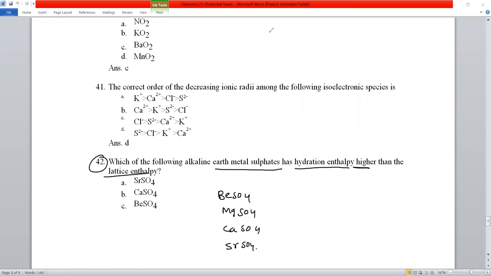Since we know very well beryllium is the smallest in size, Be plus 2 has the least size, due to that it has the highest hydration enthalpy compared to the lattice energy. The size of beryllium plus 2 is smaller, so hydration energy dominates over lattice energy. Option C is correct, students.